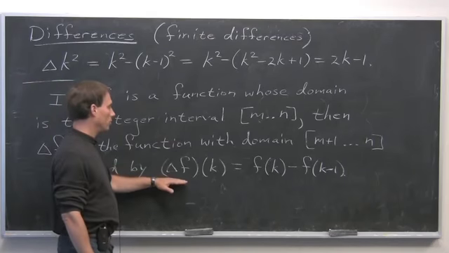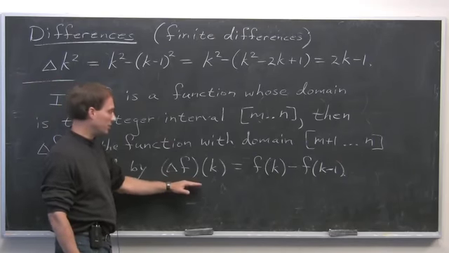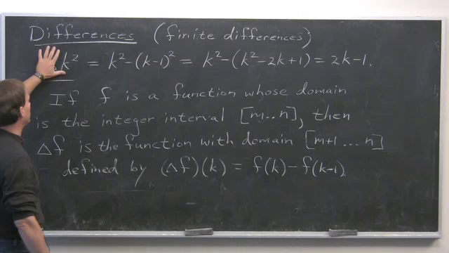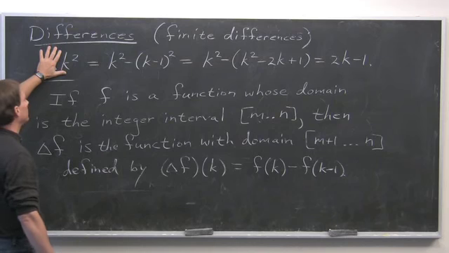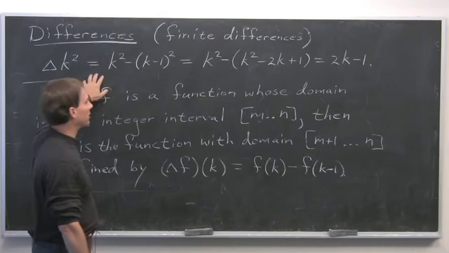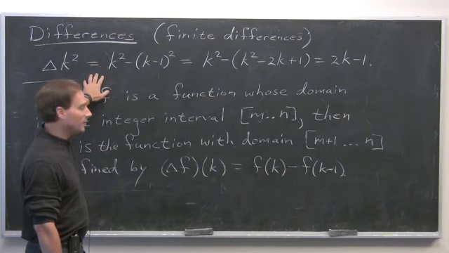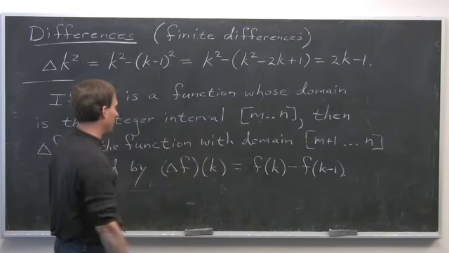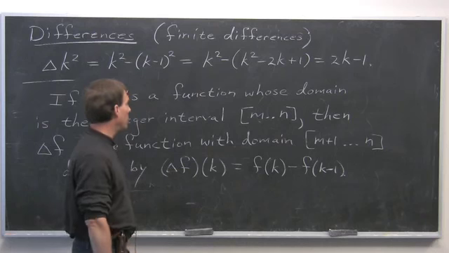It's rare that one writes this so explicitly in this form. This is the kind of thing you do. You write your original function f of k is k squared, and then you just write delta k squared. So this is how you typically specify formulas, instead of giving the function a name, putting it in parentheses and putting a k there.